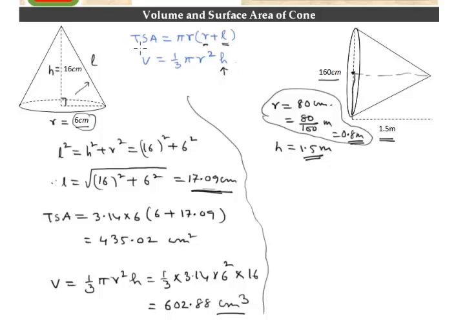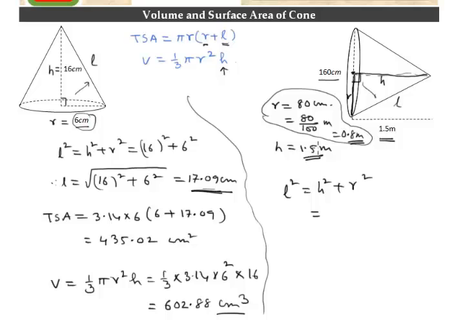Now to find the total surface area, we need this slant length L. If we consider this right angle triangle, this is the right angle, this is the radius r, this is the height H, and L is the hypotenuse. Using Pythagoras theorem, L square will be H square plus r square.